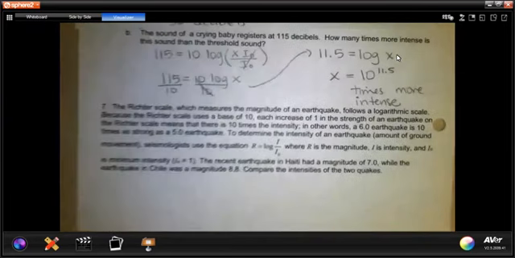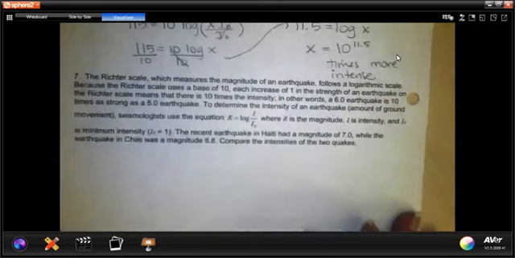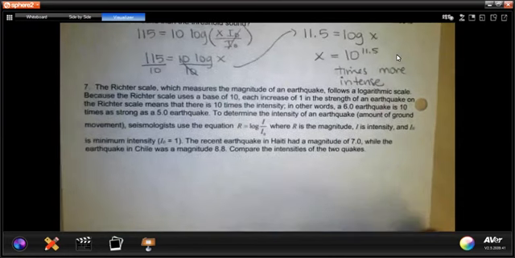All right, here is another one. The Richter scale, which measures the magnitude of an earthquake, follows a logarithmic scale. Because the Richter scale uses a base of 10, each increase of 1 in the strength of an earthquake on the Richter scale means that there is 10 times the intensity. In other words, a 6 earthquake is 10 times as strong as a 5 earthquake.